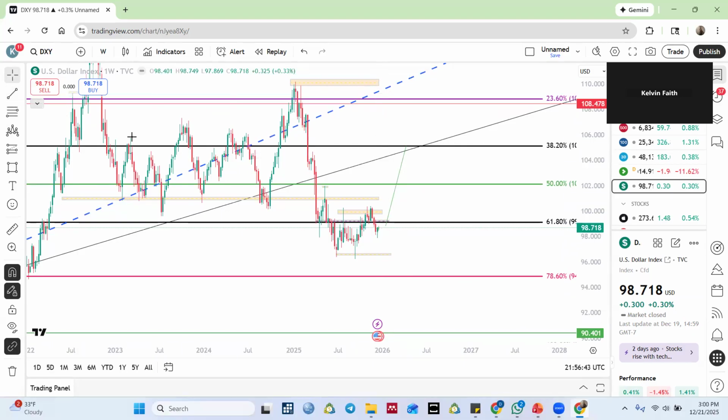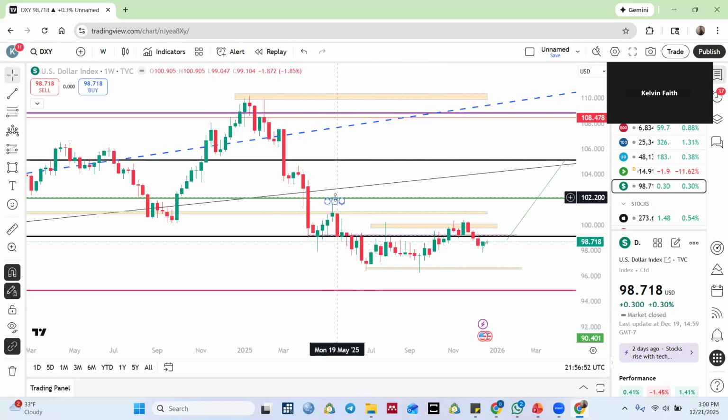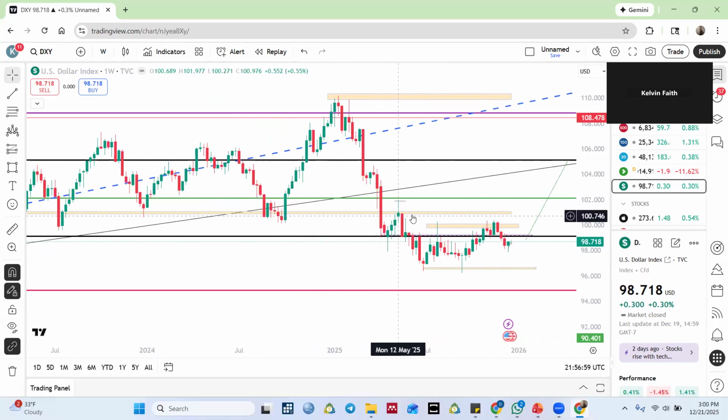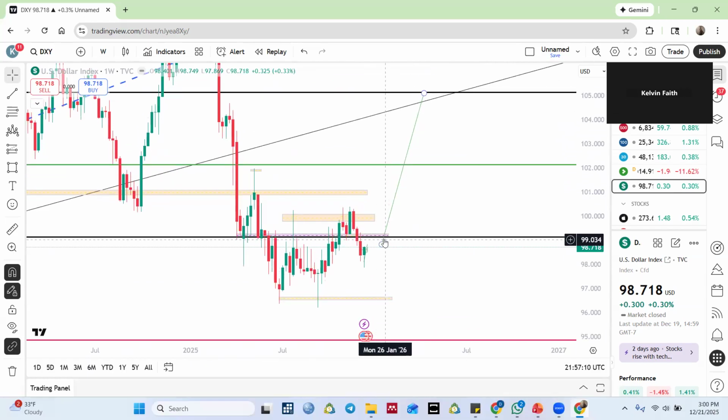Or at 61.8%, we see it hit 61.8% first, then it did a light retracement to 50%, which is here. This is an imbalance here. It did a retracement to 50% here. Okay. And then it came back to 61.8% here. It could just retest the 61.8% again, the exact line here.